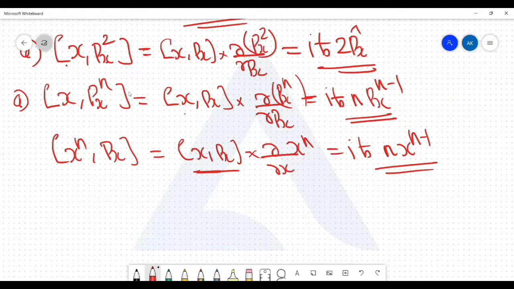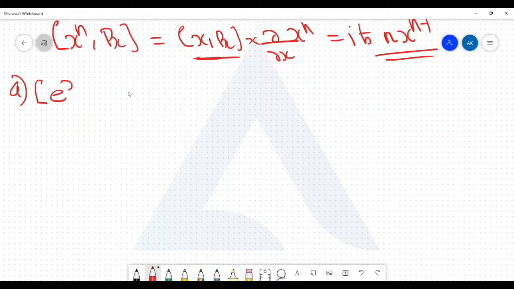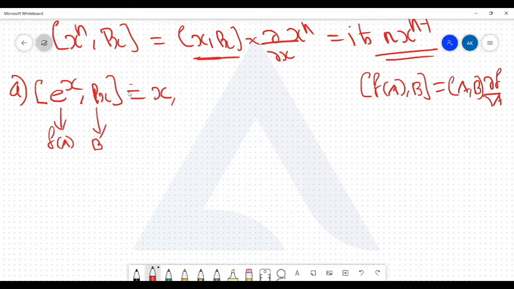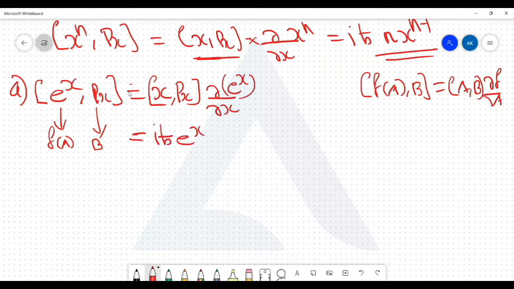Sometimes other functions may come. Suppose you have [e raised to x, px]. What happens? Now this is your f(a) and this is your b. By the equation, [f(a), b] is simply the commutator [a, b] times ∂f/∂a. That's it. So your function is e raised to x, but your a is identified to be x. So [x, px] into ∂/∂x of e raised to x. That's it. That is iħ e raised to x.